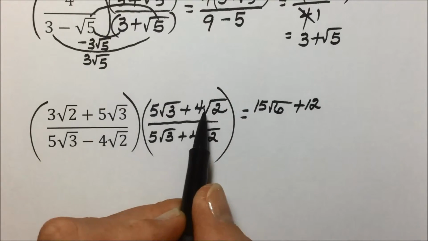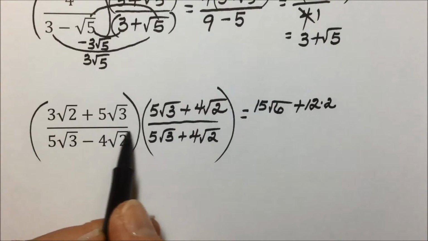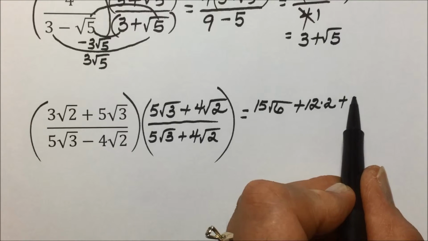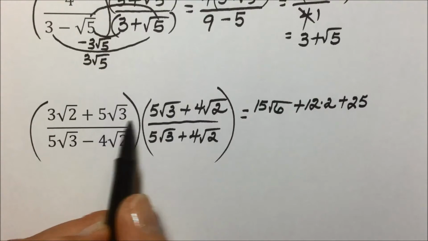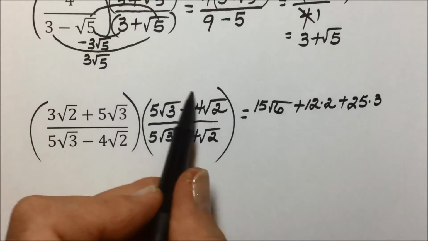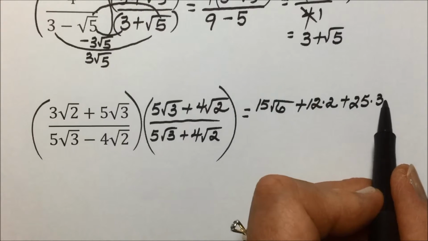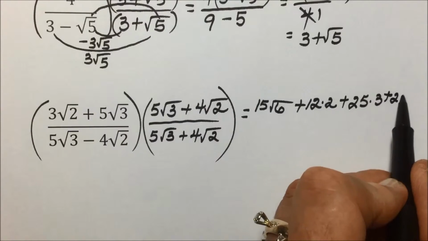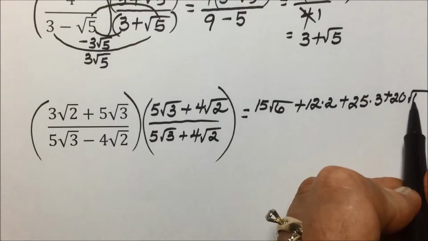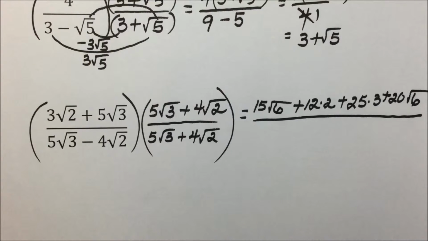Square root of 2 times square root of 2 is 2. Inside terms, we have 5 times 5 on the outside of the radical is 25. And we have square root of 3 times square root of 3 is 3. Last terms multiplied together, outside the radical, we have 5 times 4 is 20. And underneath the radical, we have the square root of 3 times square root of 2, which is the square root of 6. Well, that's what's going on in the numerator.